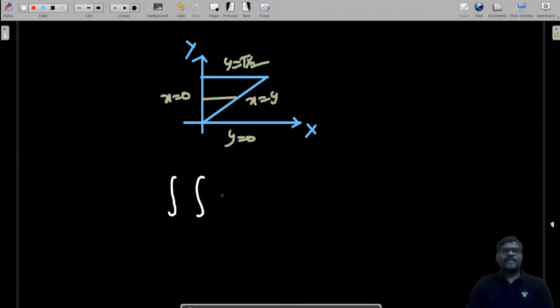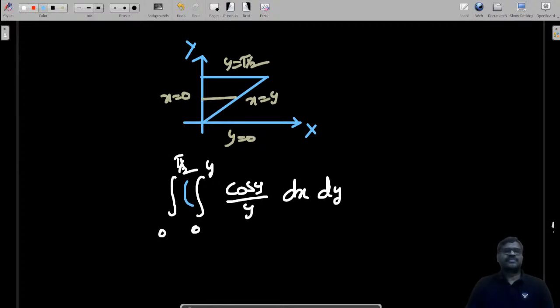Double integral cos y by y dx dy. X varies from 0 to y. Y varies from 0 to pi by 2.